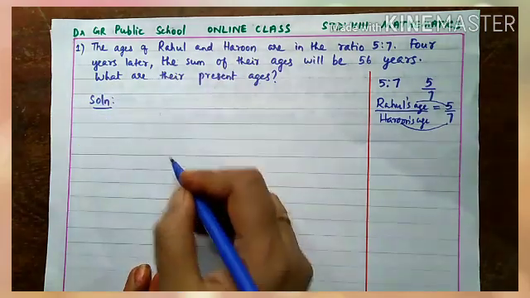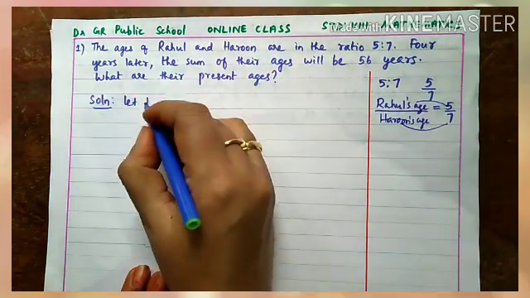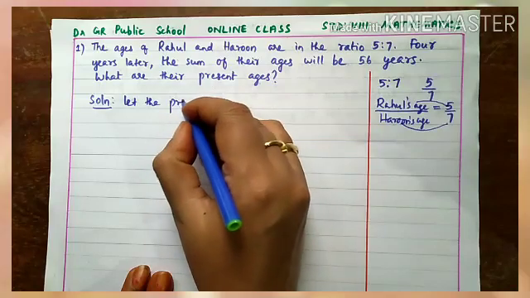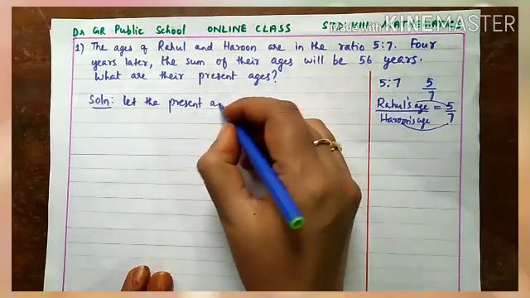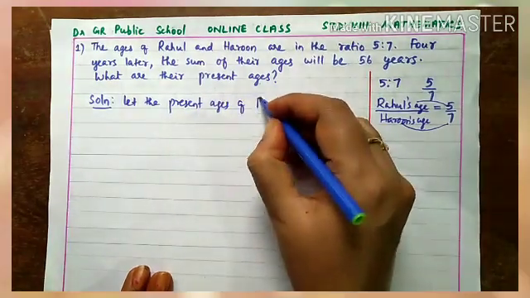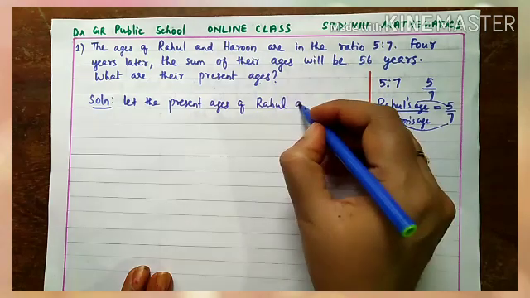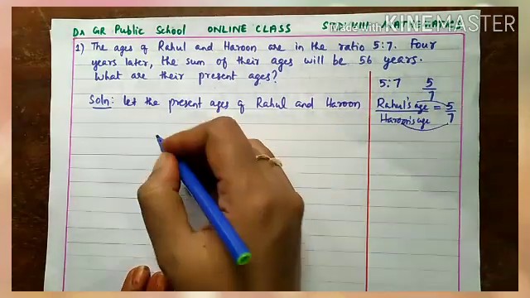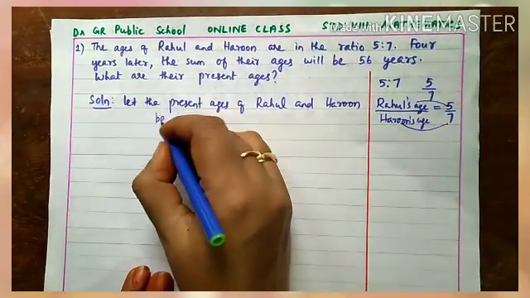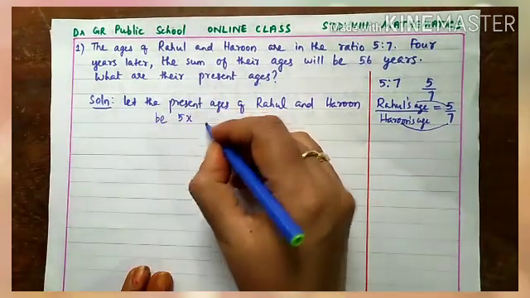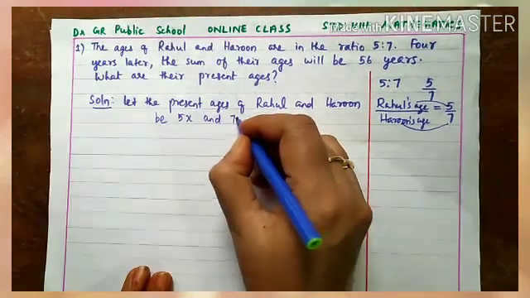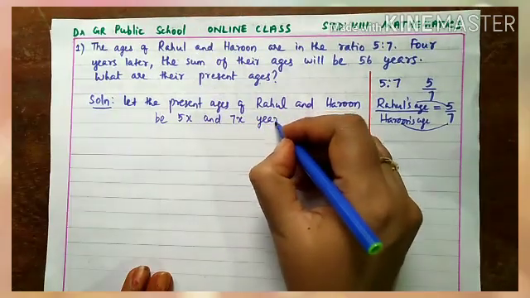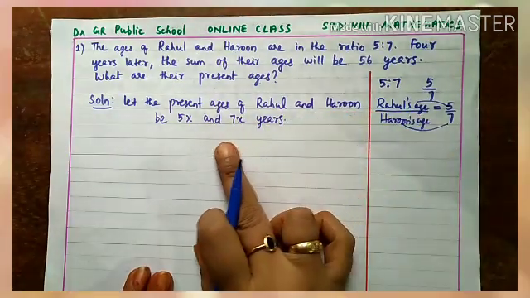Let the present ages of Rahul and Harun be 5x and 7x years. Why did we take it like this?